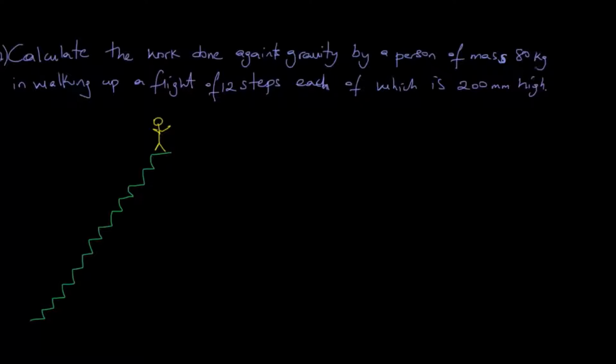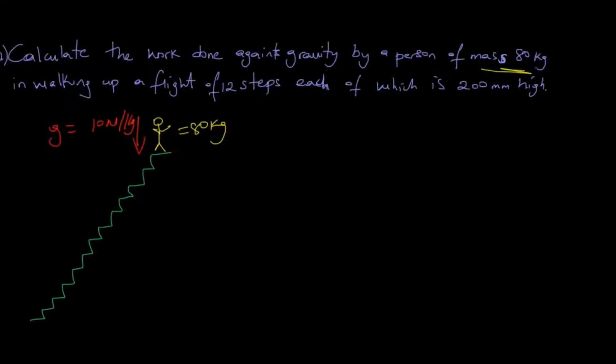So what can we say about this person? We know that this person has mass 80 kilograms, and the person moved against the force of gravity, which is the downward force here, and we know that gravity is equal to 10 newtons per kilogram.